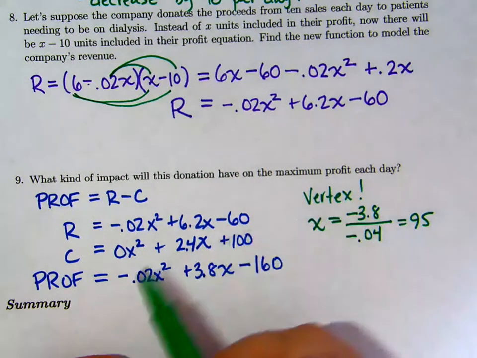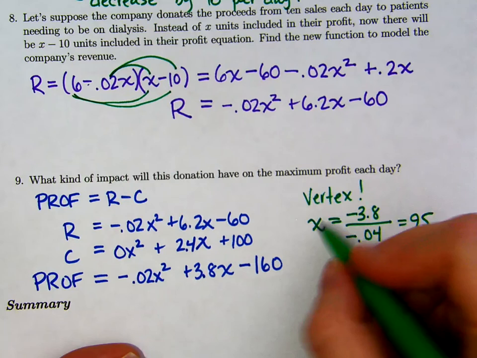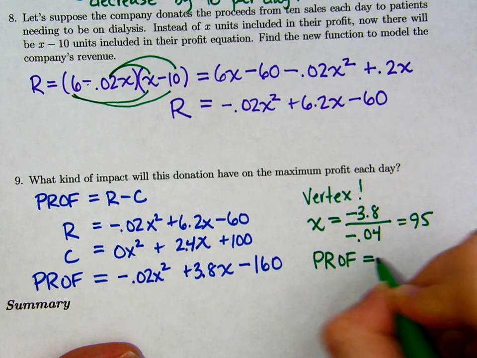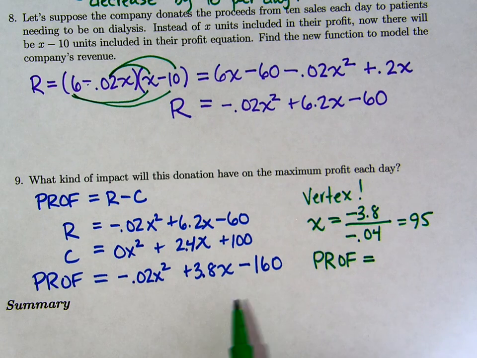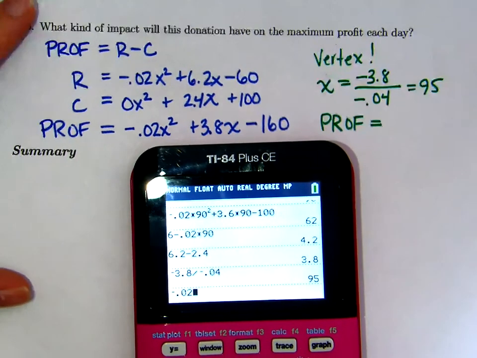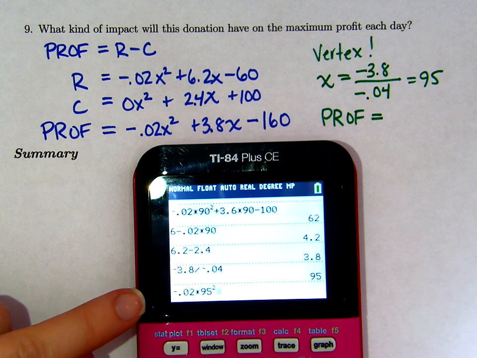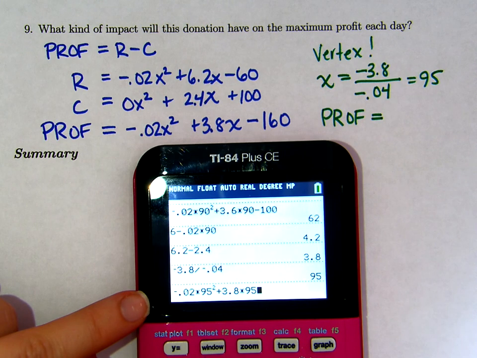Let's compute how much that will be. Profit, and I'm going to plug in 95: negative 0.02 times 95 squared plus 3.8 times 95 minus 160.